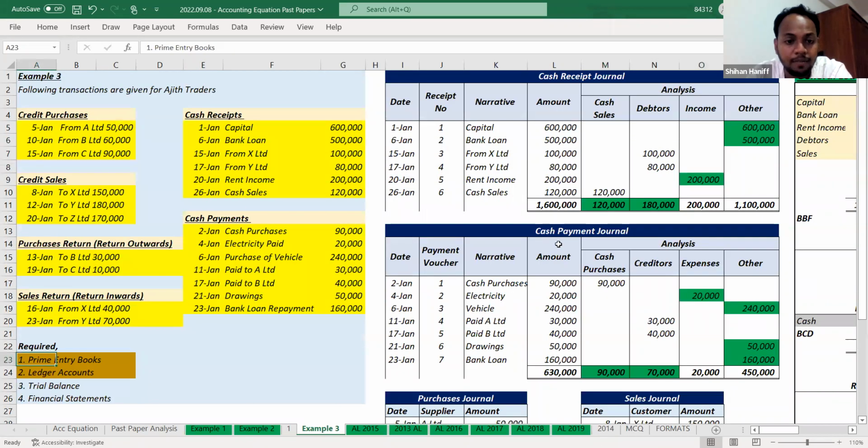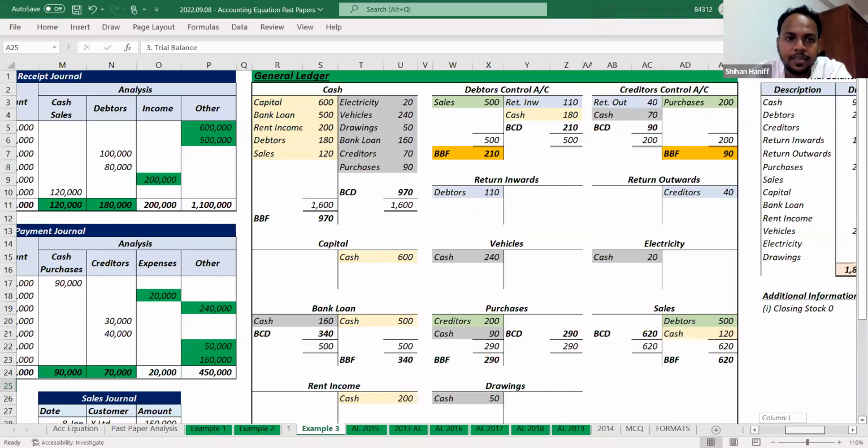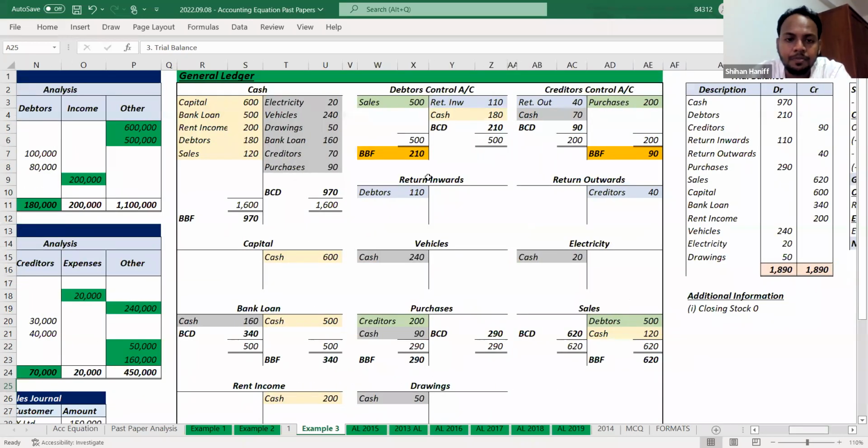I was explaining just the basic format. Then ledger accounts: the general ledger. There are two types of ledgers, the general ledger and the sub ledger, and here we did only the general ledger.